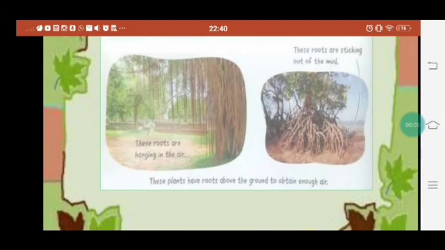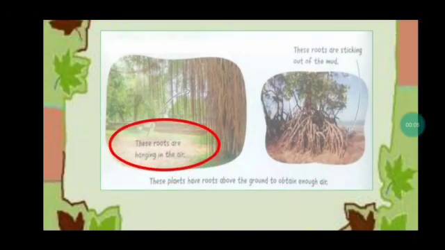What are the examples? Now look at the first one here. This is a banyan tree, in bahasa pohon beringin. The roots of the banyan tree are hanging in the air. So this is unusual because we usually find the root under the ground, but for the banyan tree the root is above the ground.